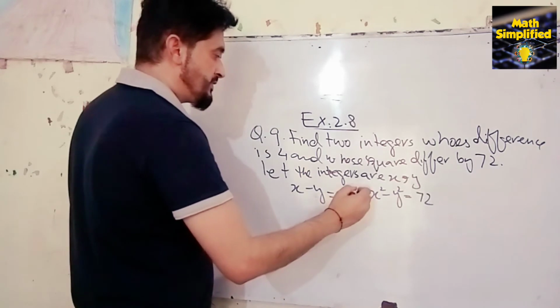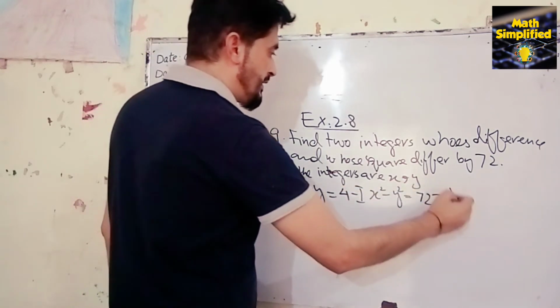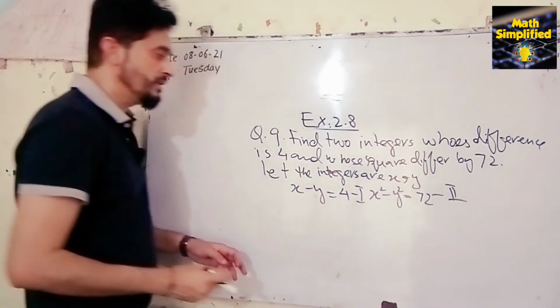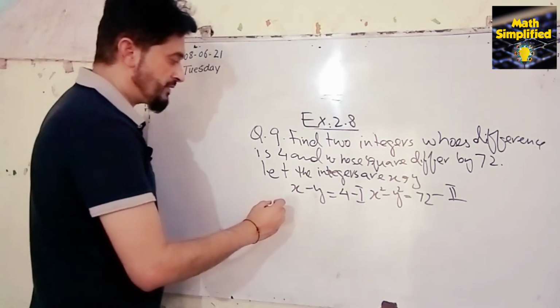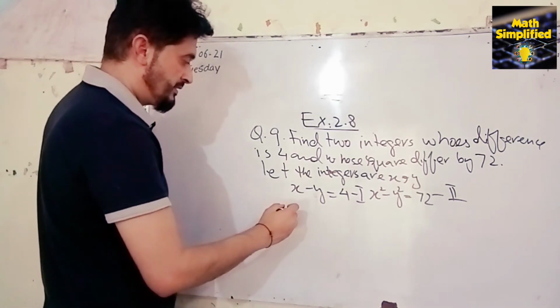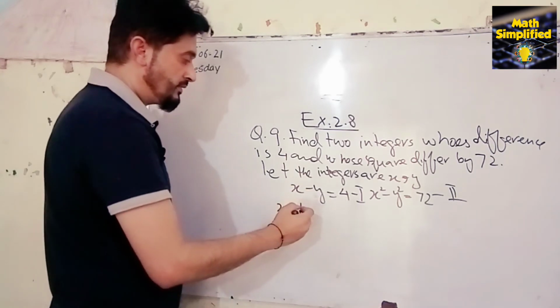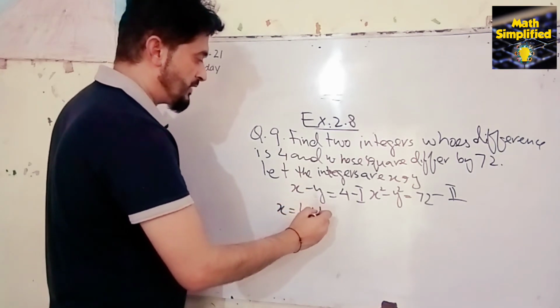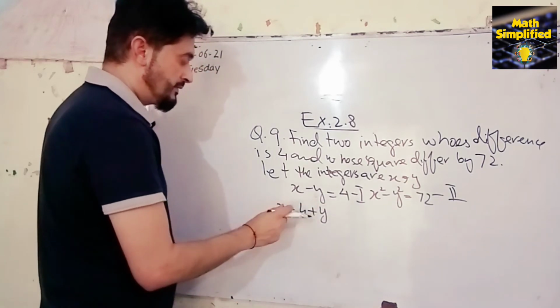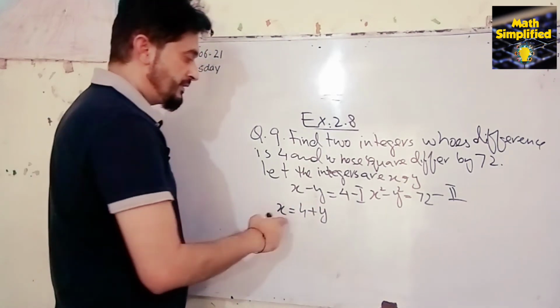Now students, we have two equations, this is equation number 1 and let's suppose this is equation number 2. From equation number 1 we will take the value of x. We will shift minus y to the other side, it will become y plus 4, or 4 plus y.